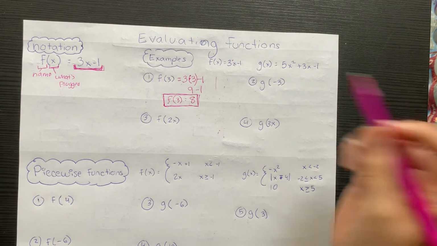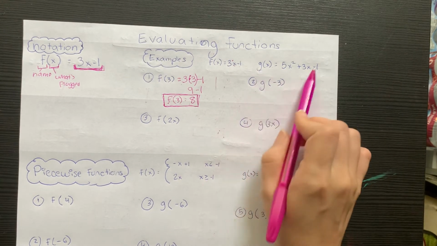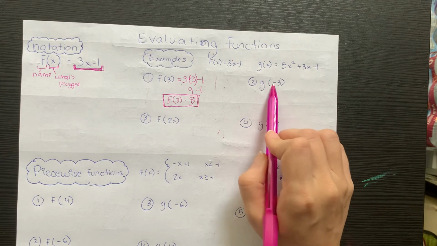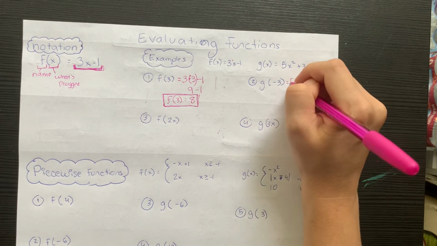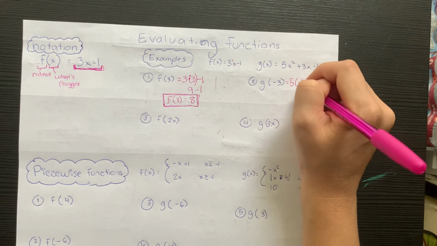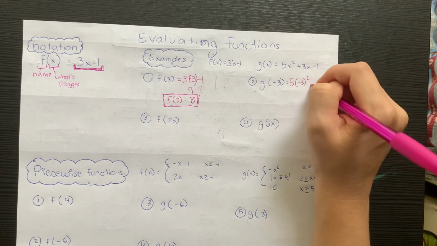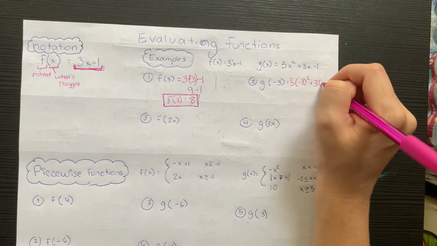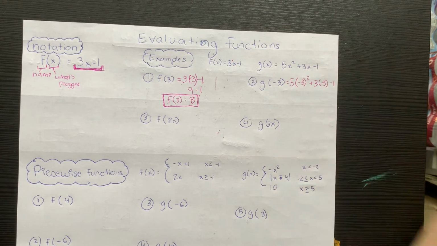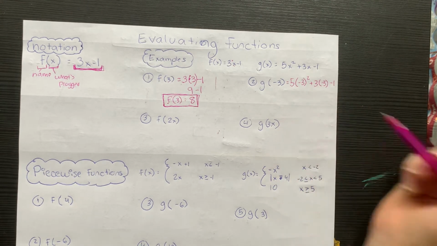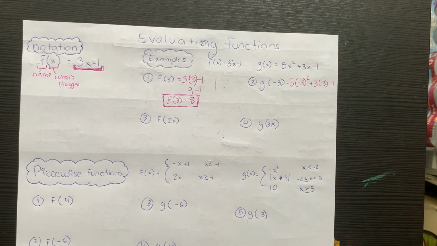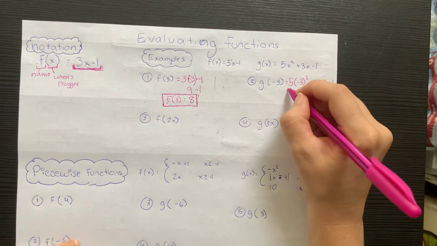Right. And number 2, now we're going to use this function here. I've got a negative 3. So everywhere there's an x, I'm going to put a negative 3 there. So 5 times negative 3 squared plus 3 times negative 3 and then minus 1. All right, so again, you can just type the whole thing in your calculator, or you can try doing it step by step.